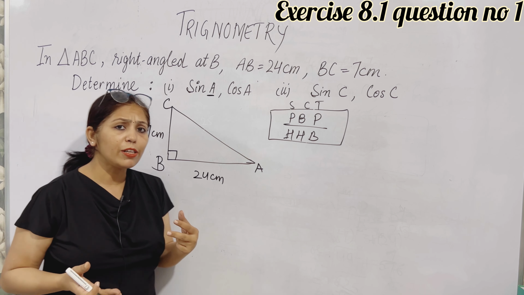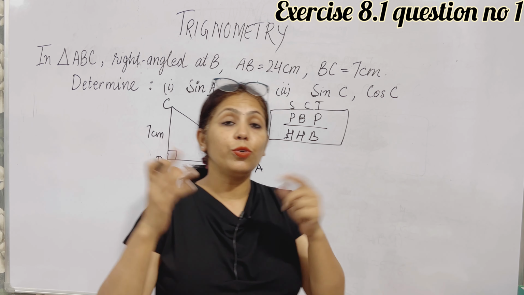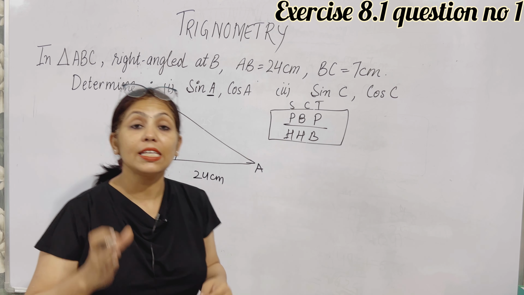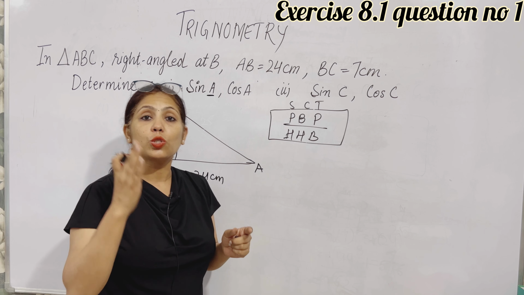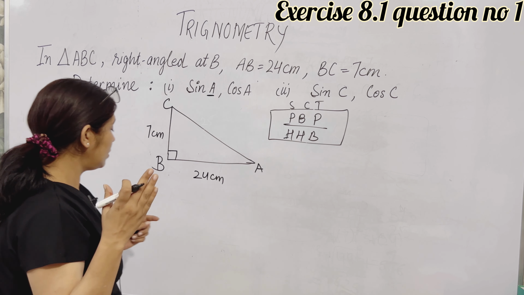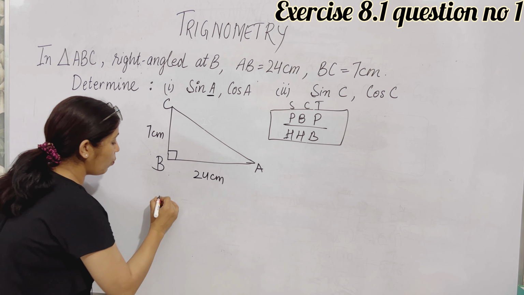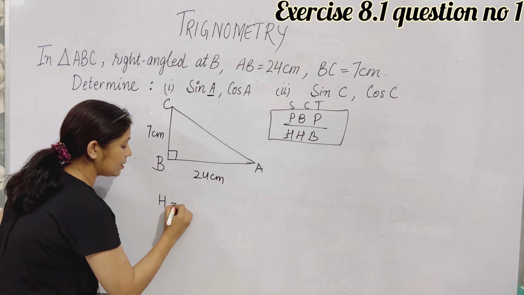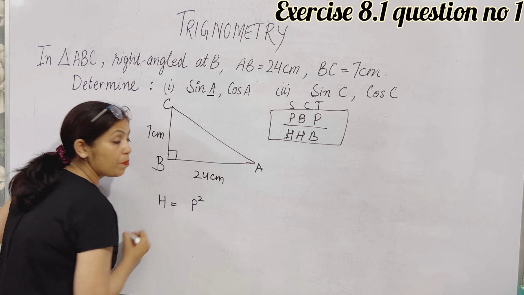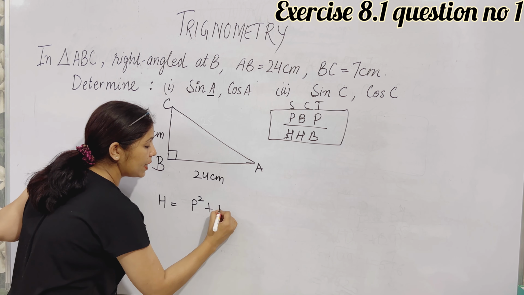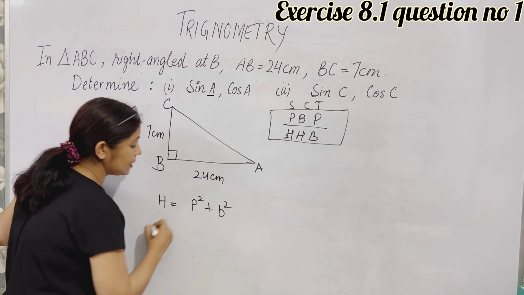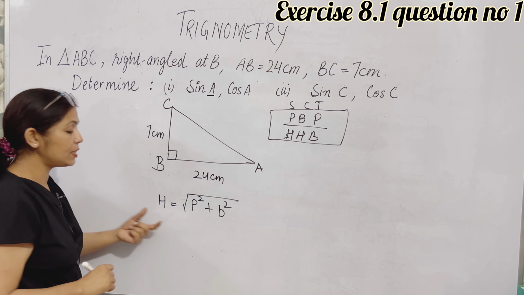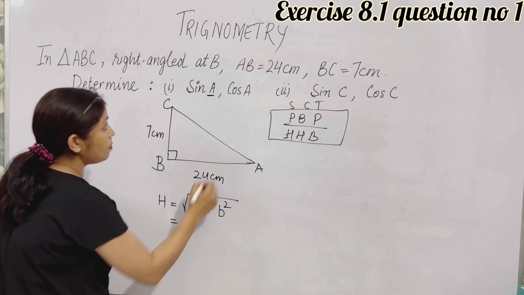What is the method of calculating the hypotenuse? Again, you need to revise. Hypotenuse is equal to the square root of the square of the perpendicular plus the square of the base. What is P given?